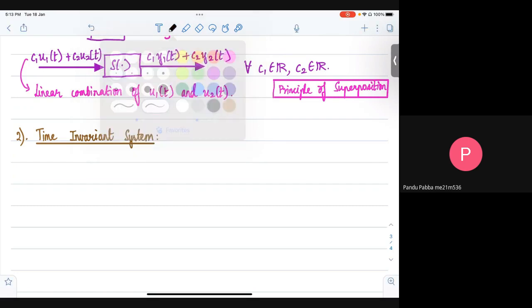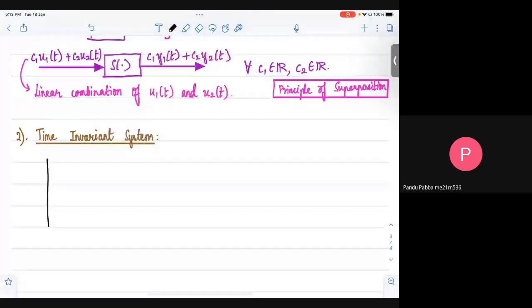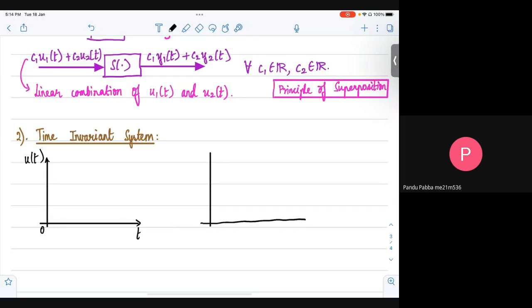What this means is the following. Let us say I plot the input u of t versus time, and let's say we plot the corresponding output, just plotting some arbitrary signals for the sake of understanding.